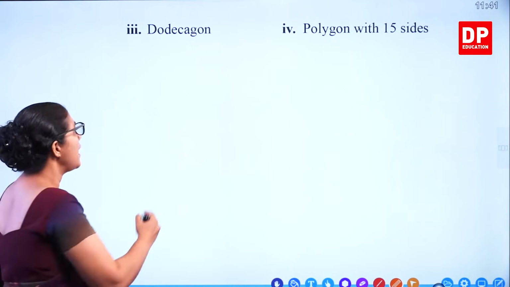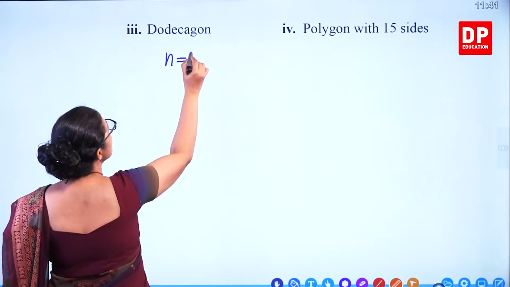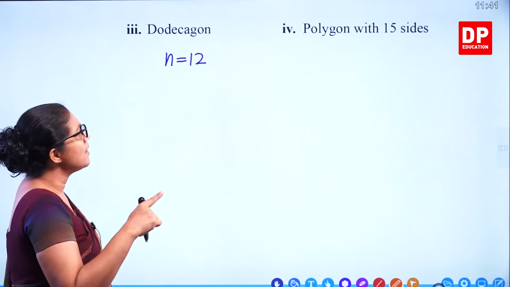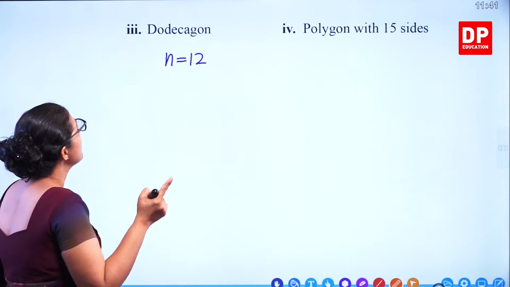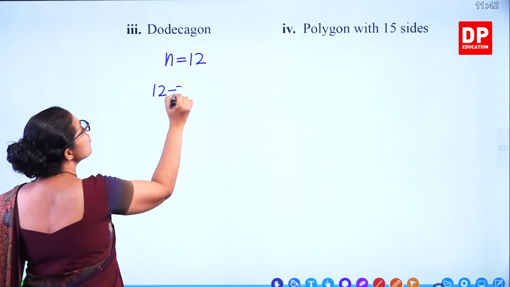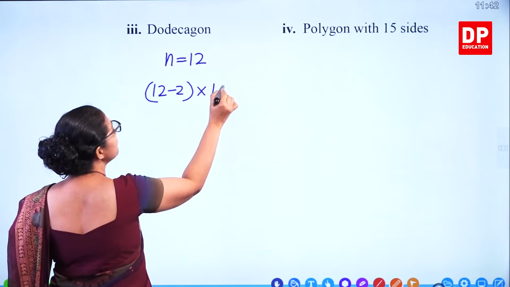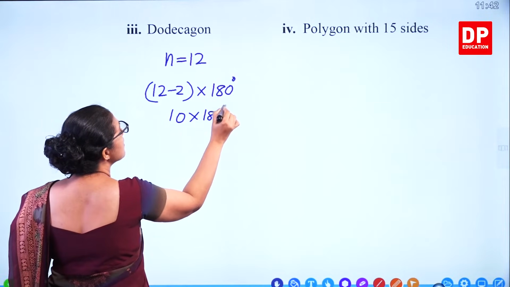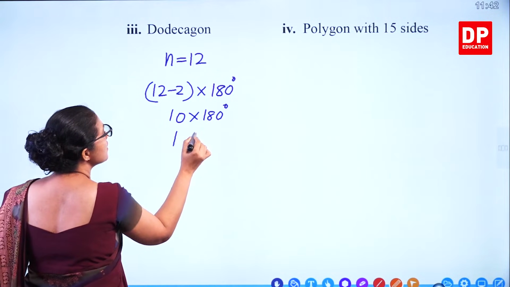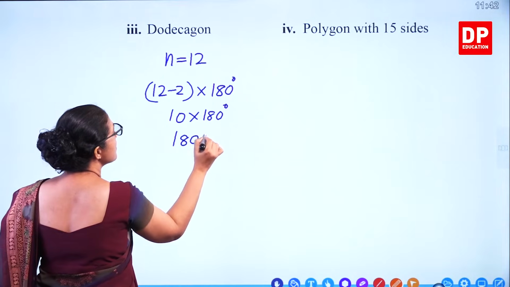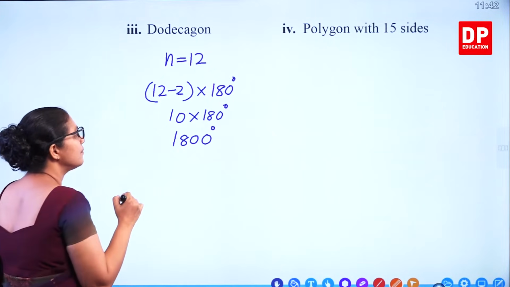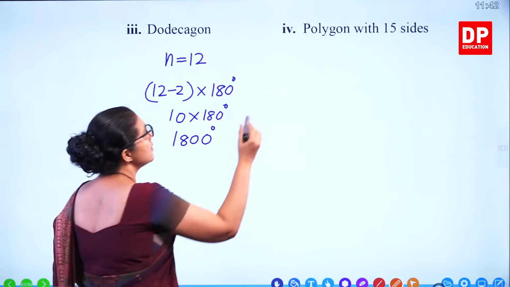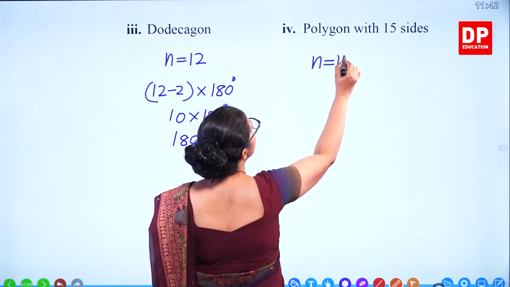Dodecagon, n is 12. Decagon is 10, hendecagon 11, and dodecagon means 12. So 12 minus 2 into 180. 10 into 180, that's 1800. Polygon with 15 sides. n is 15.